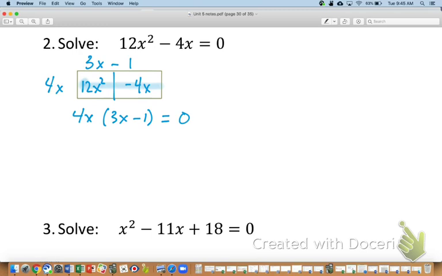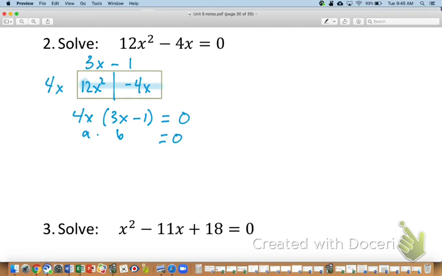So can anybody tell us our next move? Is 4x the same thing as A, and 3x minus 1 the same thing as B? Yep, this is like our A. This is like our B. So what do we do? Test out. If A equals 0, then it'd just be 3x minus 1 equals 0.